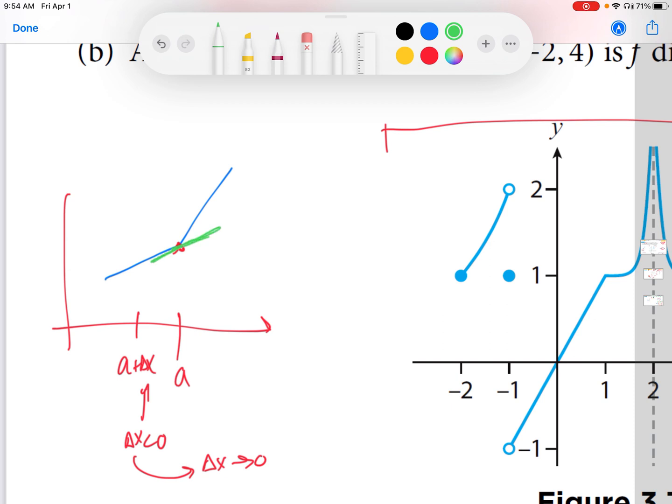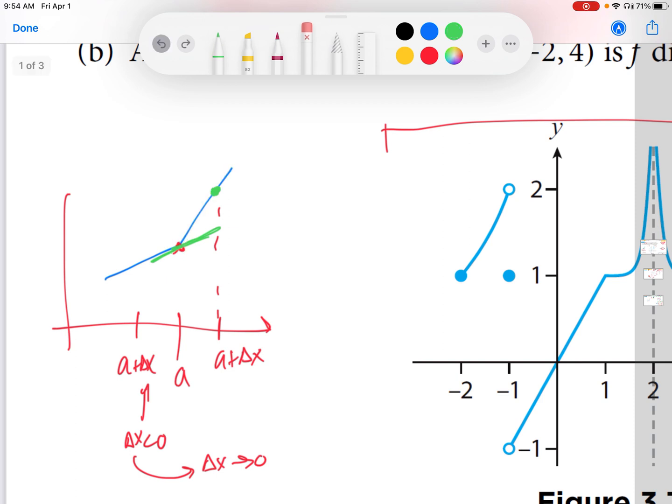However, if I pick a point on the right-hand side, and now this is my new a plus delta x, in this case delta x is positive because this point is to the right of a. If I pick that green point up there and draw the secant line between this point and that point, it looks like this. Okay, different slope.